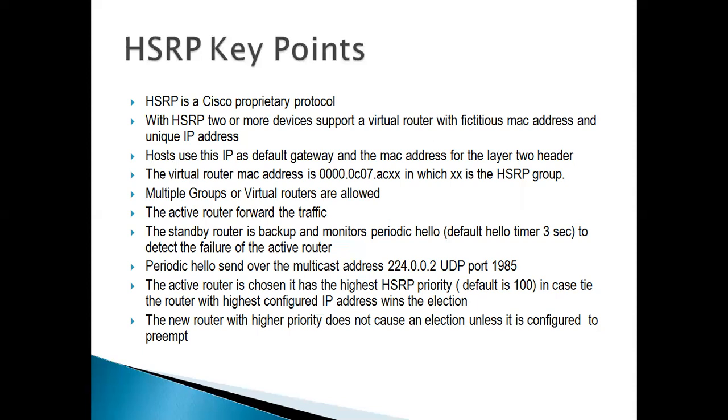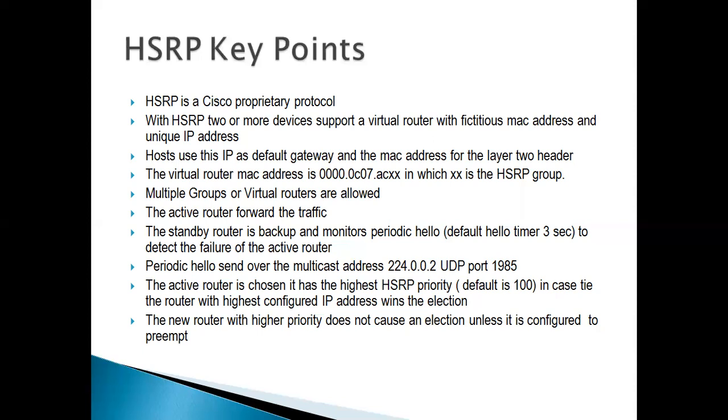One IP for the physical interface on each router, and one IP will be a virtual IP. The local subnet, which is directly connected to these routers, will always know the virtual IP as the gateway, and they don't know the physical IPs.